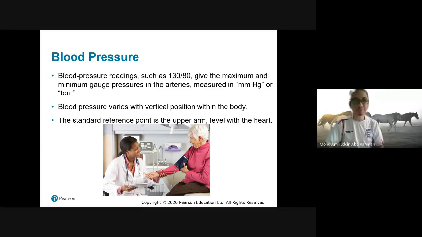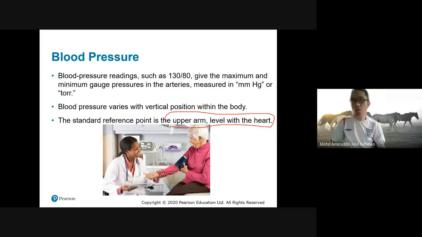So if you want to get as accurate as possible, the blood pressure will count for every person. So this is the point. The standard reference point is the upper arm level with the heart.